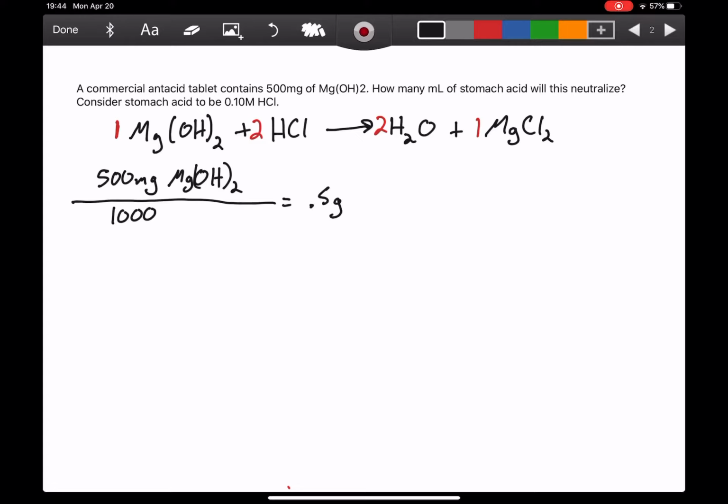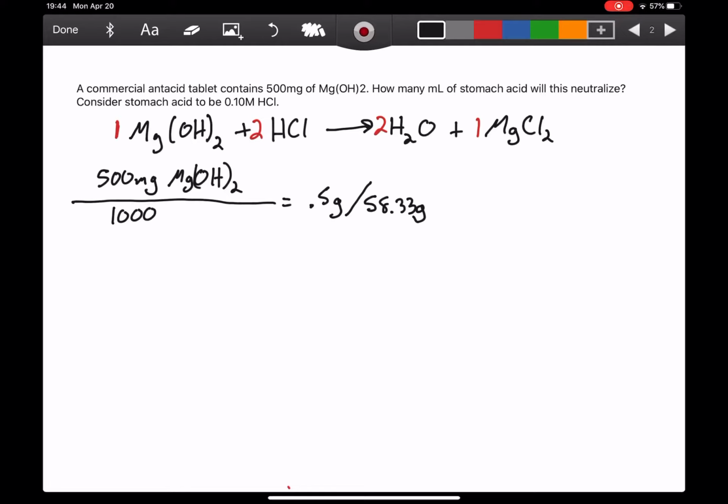The next thing we need to do is add up the molar mass of magnesium hydroxide and then divide our mass of magnesium hydroxide by the molar mass in order to find out how many moles. So if we were to add up MgO2H2, we would find that it weighs 58.33 grams.